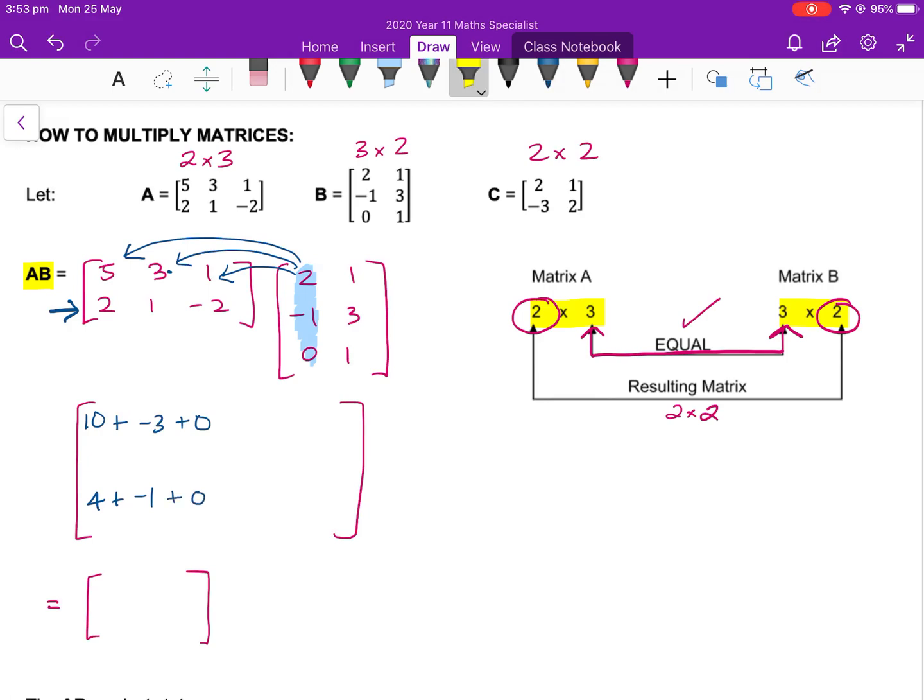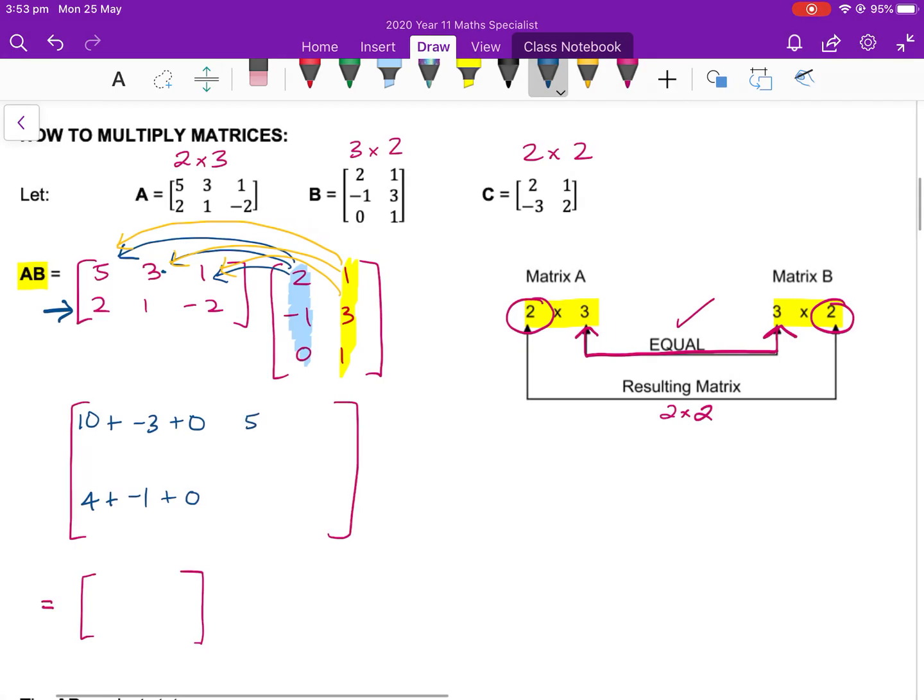Okay, now let's take that second column, and again we're going to multiply it onto that first row, each corresponding element. So we've got 1 times 5 is 5, plus 3 times 3 is 9, and 1 times 1 is 1. And then that second column onto the second row, 1 times 2 is 2, plus 3 times 1 is 3, plus 1 times negative 2 is negative 2.